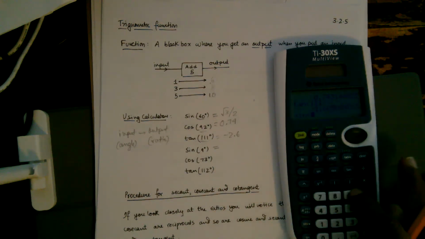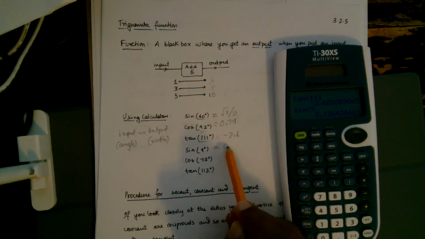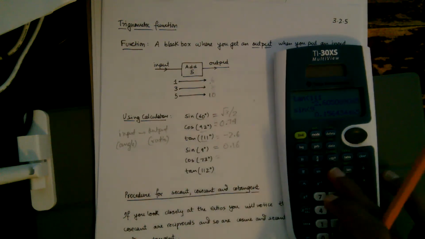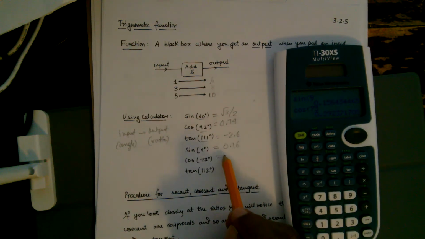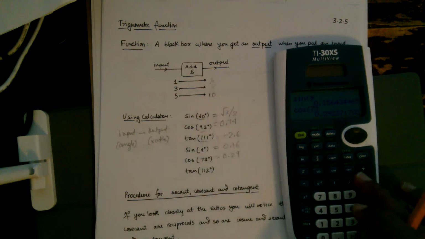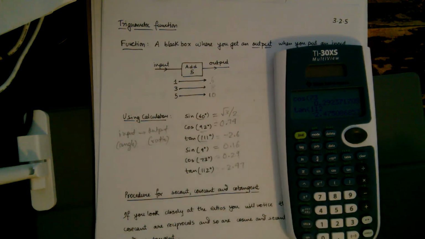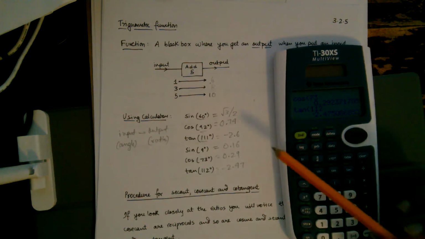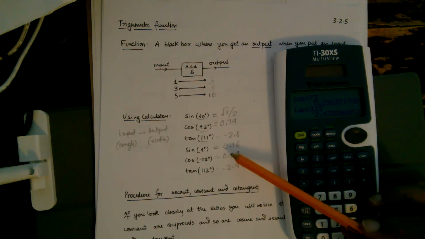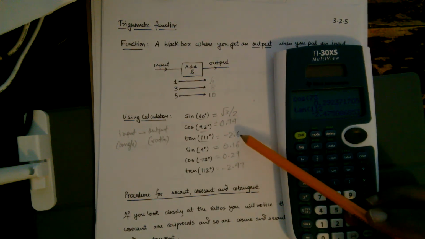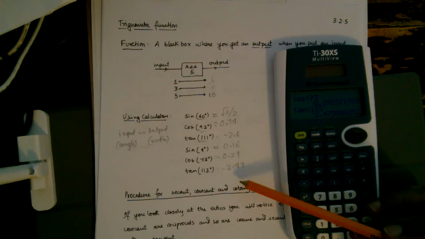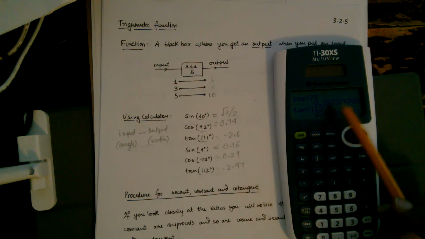Sine of 9, 0.16 after I round it. Cosine of 73, 0.29, and again tangent of 112, it's a negative value, negative 2.47. I just want you to keep in mind that when it becomes a function, the values can be negative. And what this negative means, we will be seeing that next week.